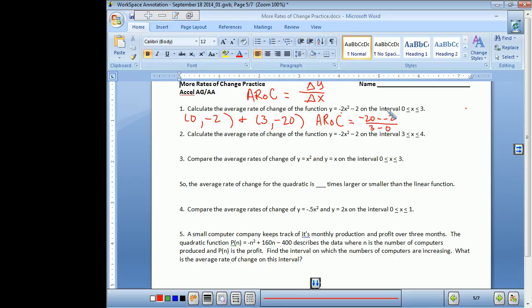What happens to minus a negative? Adds. Very good. So I'm getting -18 over 3, which gives me an average rate of change over this interval of -6. The change in your y's is y2 minus y1 over the change in your x's, which is x2 minus x1.